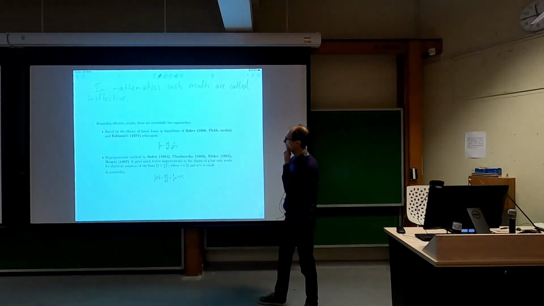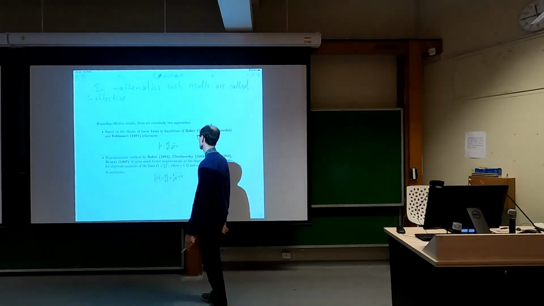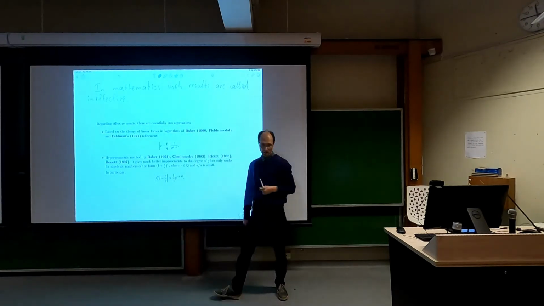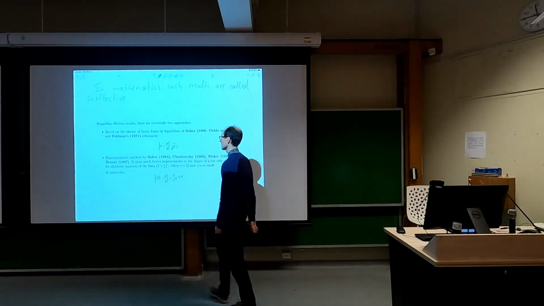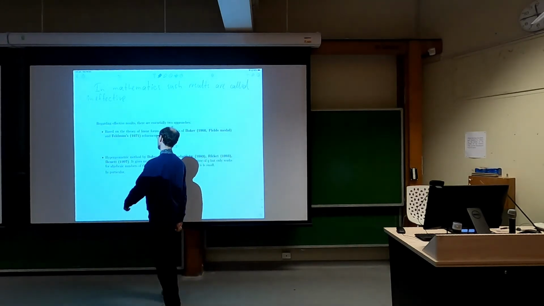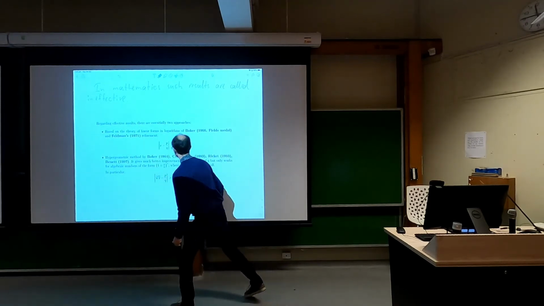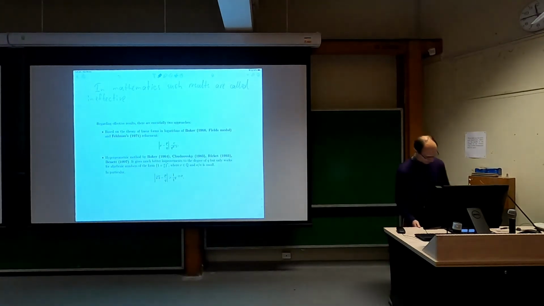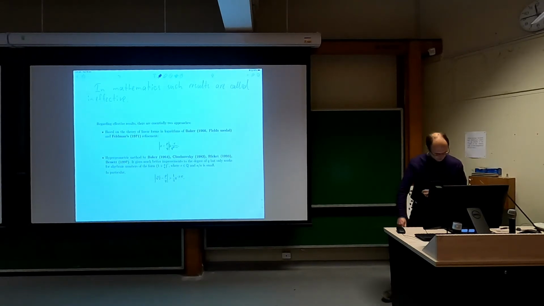So the first one is based on the so-called theory of linear forms in logarithms developed by Baker in 1966. And that was another Fields medal method, right? And then it was improved by Feldman in 1971. There should be an inequality. Right?